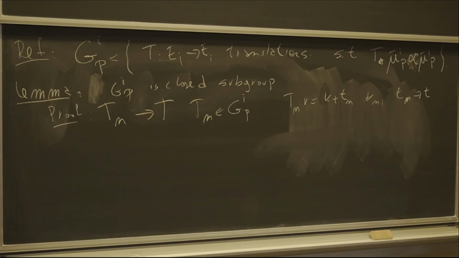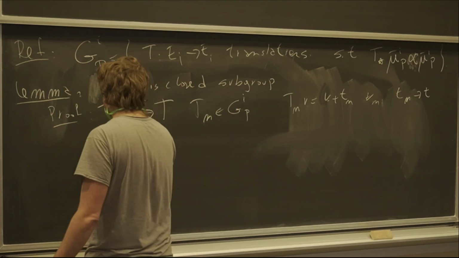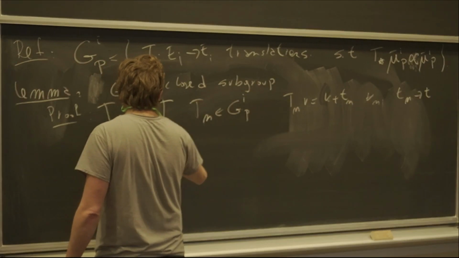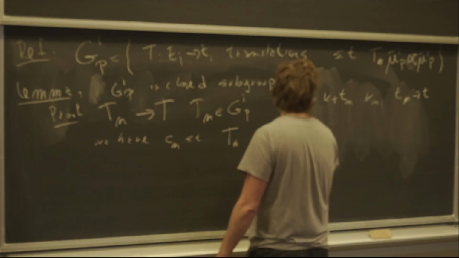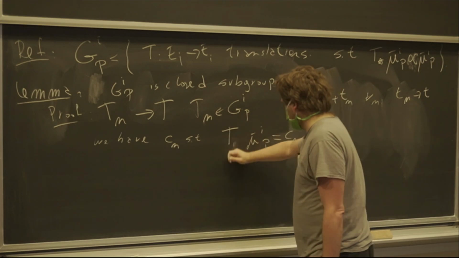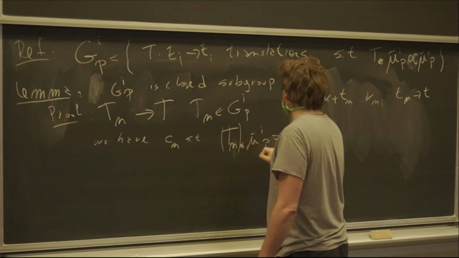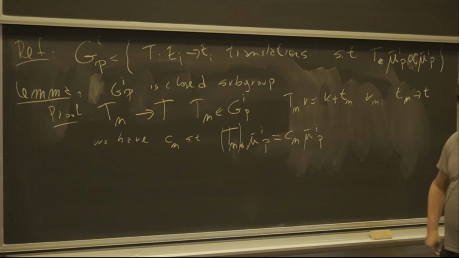So that's our assumption. And we have this constant C sub n, such that T star mu bar IP is equal to C n star mu bar IP. So that's the definition of this thing.